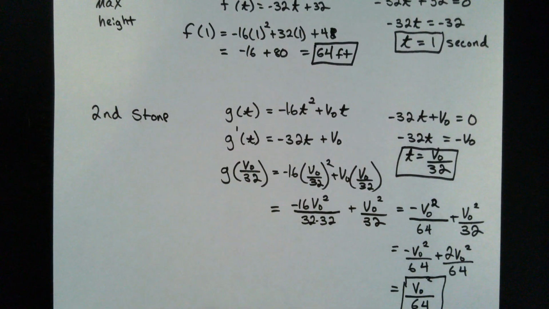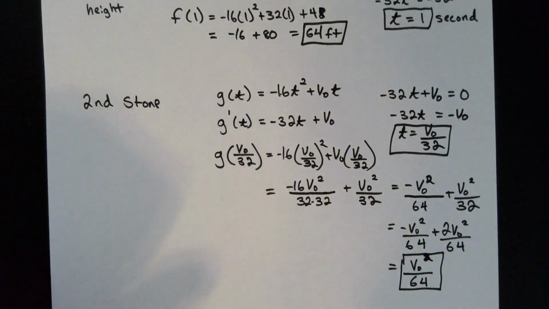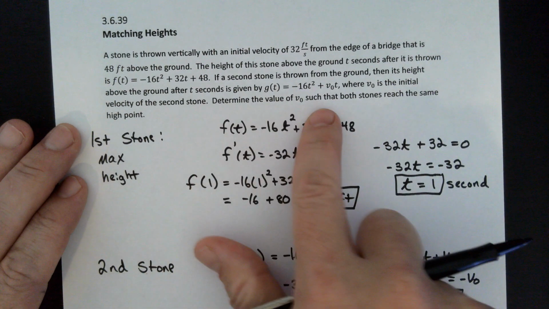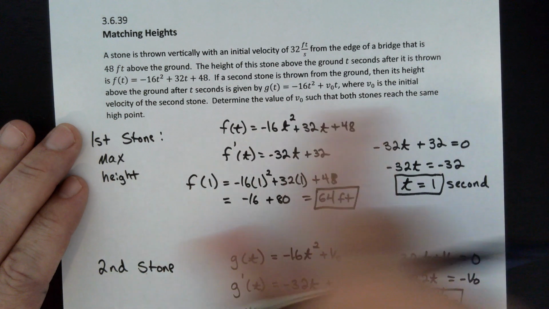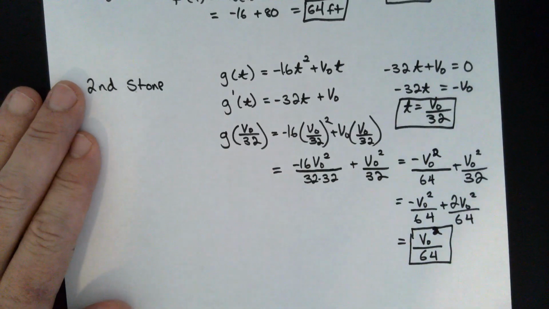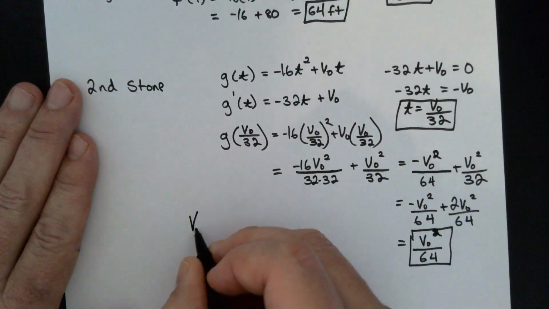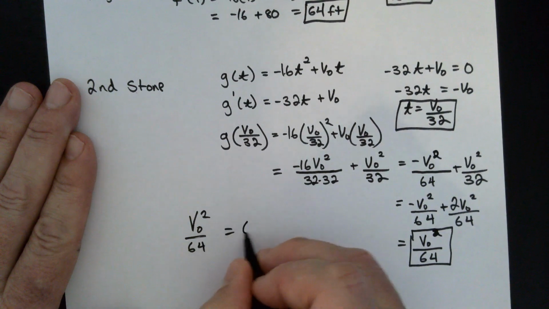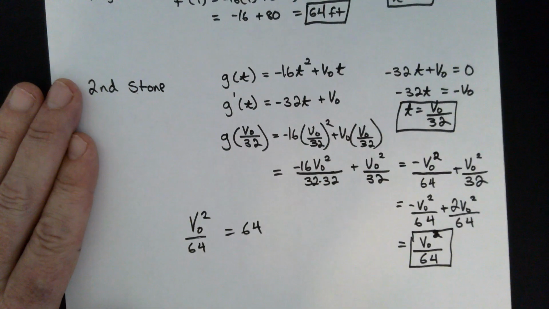We don't know what v naught is. The first stone has a maximum height of 64, and the problem says to determine the value of v naught such that the stones reach the same high point. So if this is 64, then we've got to make this be 64 as well. We set v naught squared over 64 equal to the height of the original stone, which was 64.